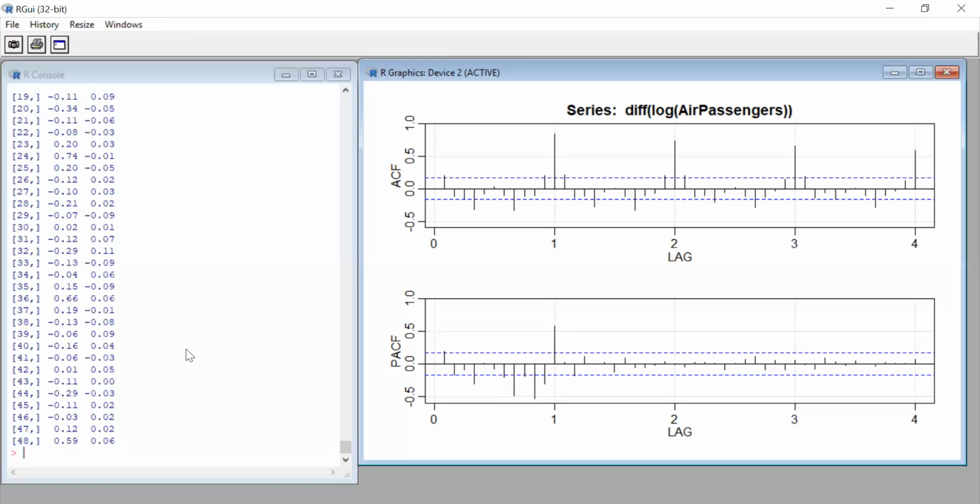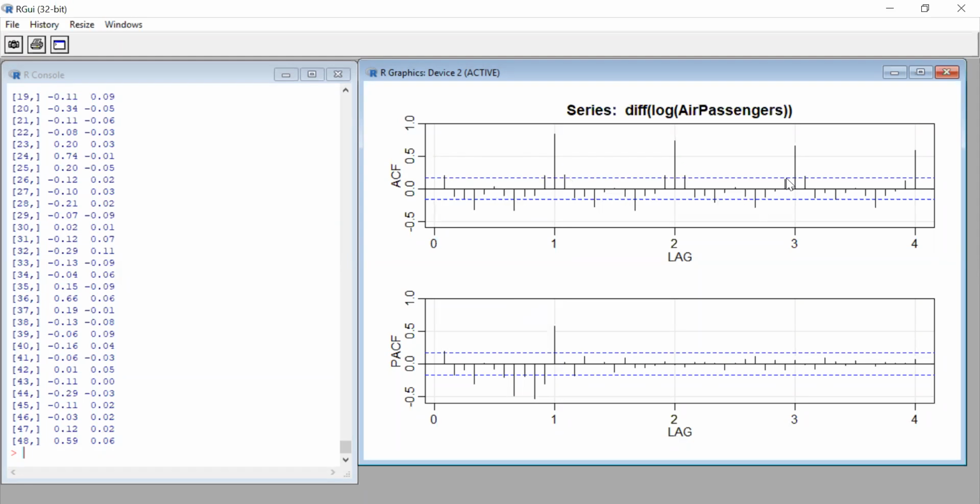Now we have the P and Q for the seasonality, and now we have to look at the other one. I mean the other one means inside of a year, right? The ACF looks like it goes up and down and up and down, almost exactly the same pattern. It's up, down, up, down, and up, down.